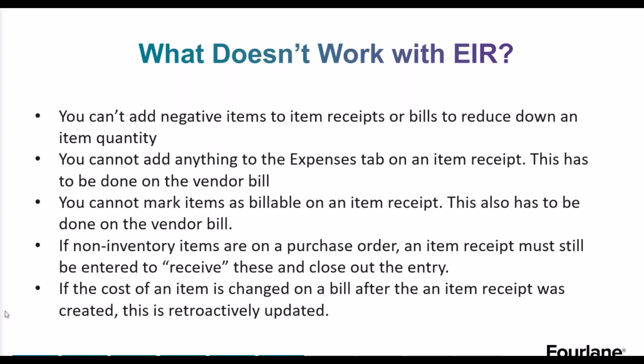One of the pluses or benefits to using enhanced inventory receiving is that if the cost of an item on a bill is changed after that item receipt has already been created, QuickBooks will make that retroactive update so that the two amounts match.